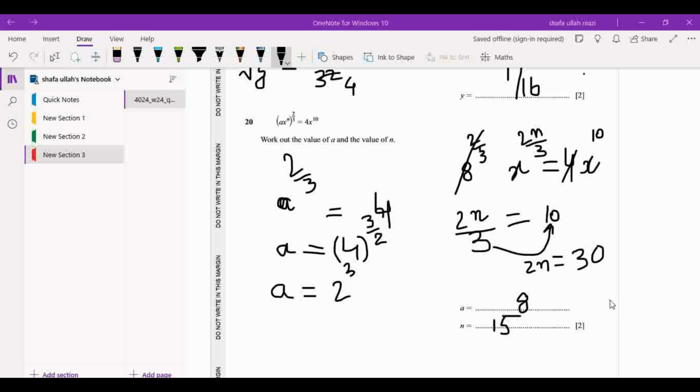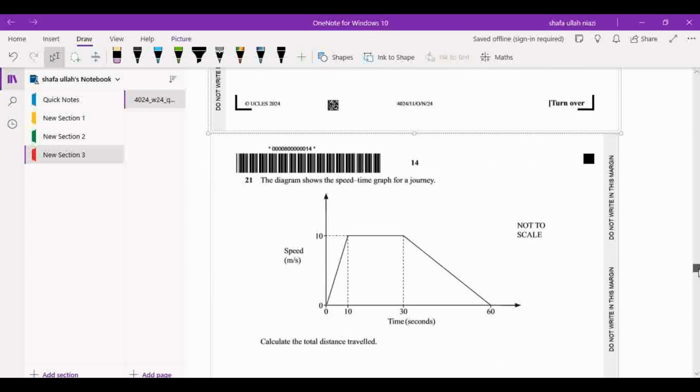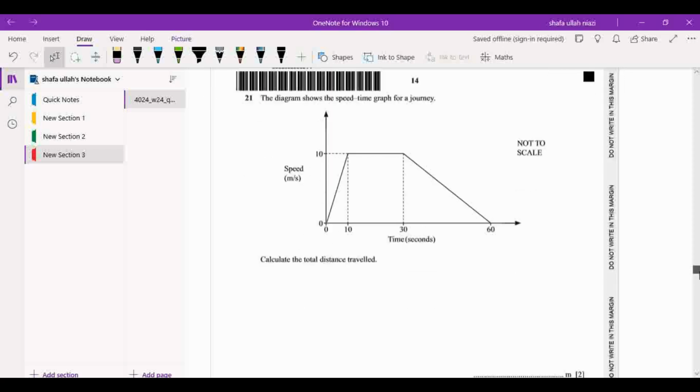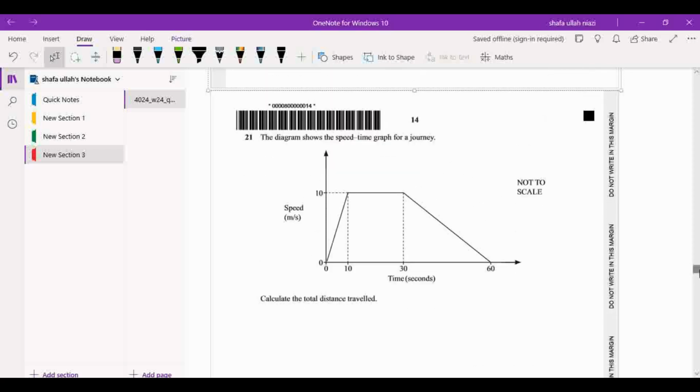Next is the diagram that shows a speed time graph for a journey. This is a travel graph. Calculate the total distance traveled. When it is a speed time graph, the distance is equal to the area under the graph, and this shape is a trapezium.